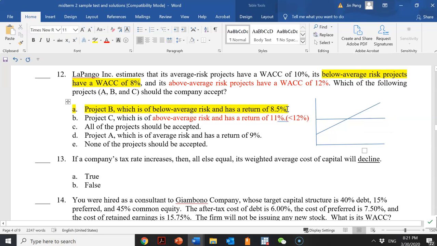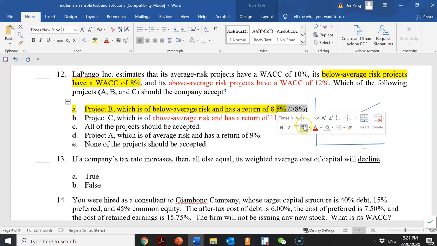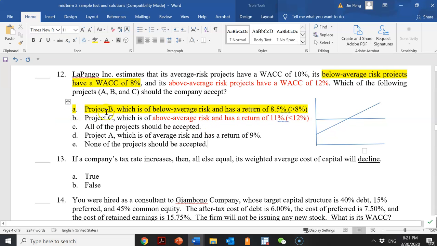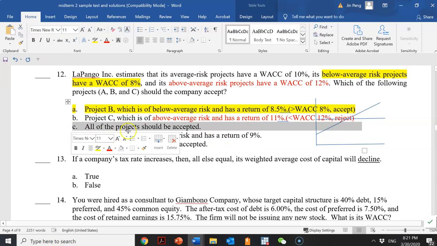Unlike option A, where the return is above the 8% WACC, we accept project B and reject project C. So option C is not correct.